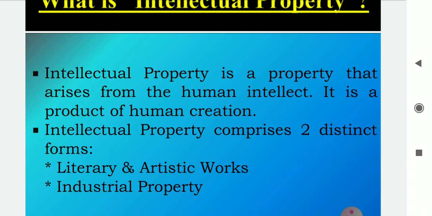Literary works include fiction, non-fiction, manuscript, poetry, contribution to collective works, compilation of data or other literary subject matter, thesis, etc. And artistic work includes advertisement, commercial prints, labels, then artificial flowers and plants.